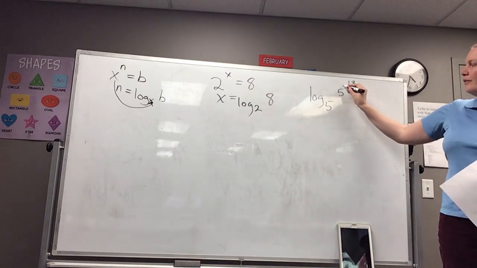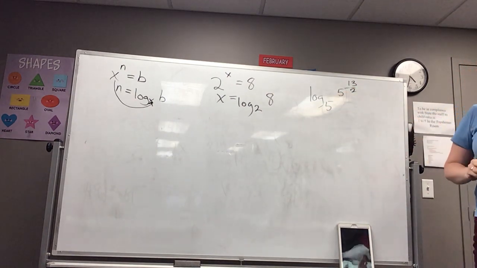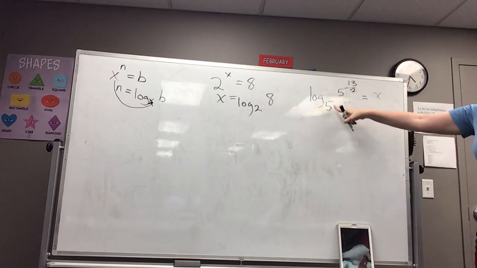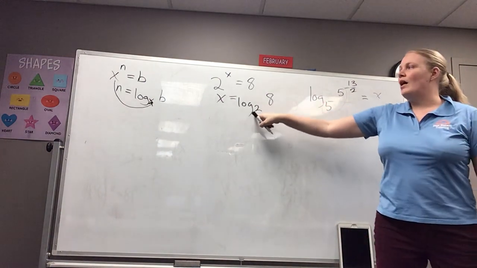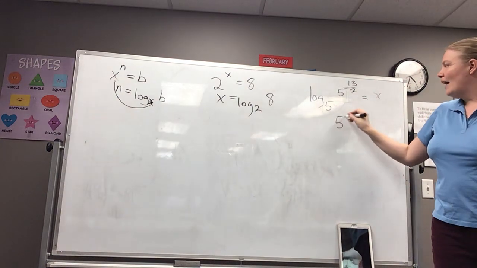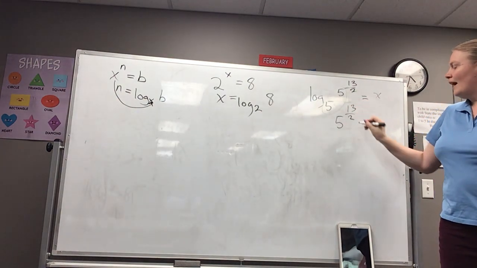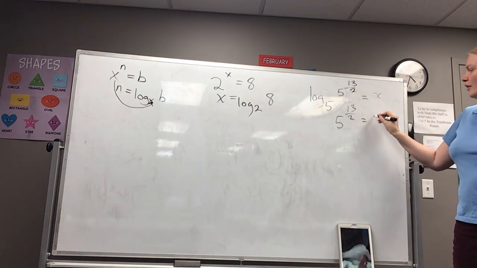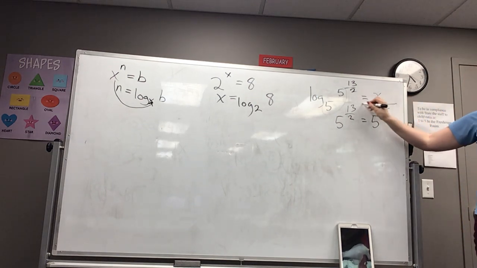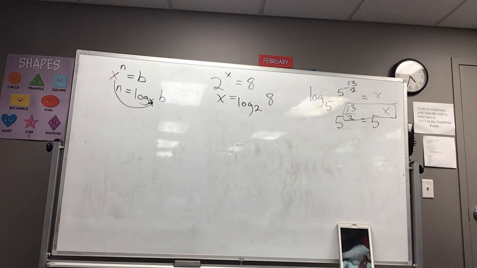If I have 5 and 5, well, let's say that this equals x. If we go from logarithm back to exponent, it's going to be 5 to the 13/2 equals 5 to the x. And so these equal each other.